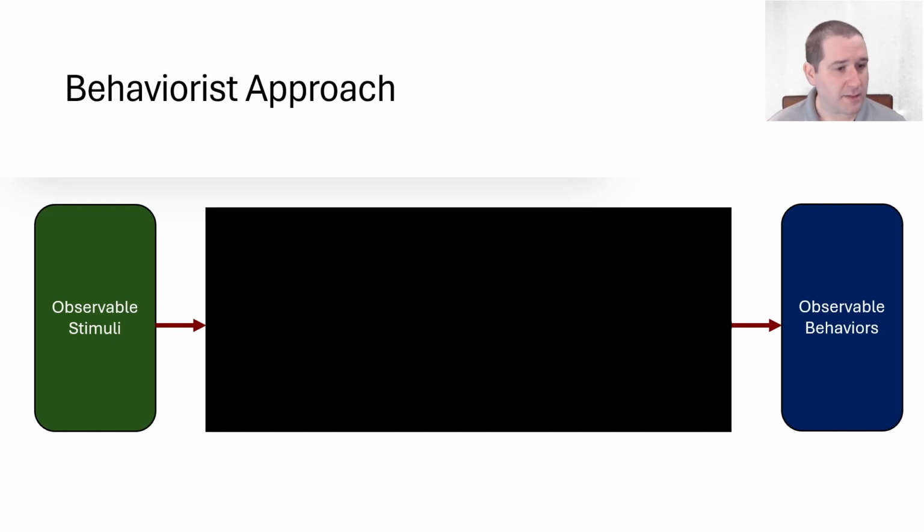A stimulus, and that will trigger a reaction, a behavior. Okay, and if they observe how these stimuli work, they observe the behaviors that come out, or the behaviors that come out as they change, well, that is an approach to learning, and that is the behaviorist approach, where we're just concerned with observable stimuli and how that changes our observable behaviors.